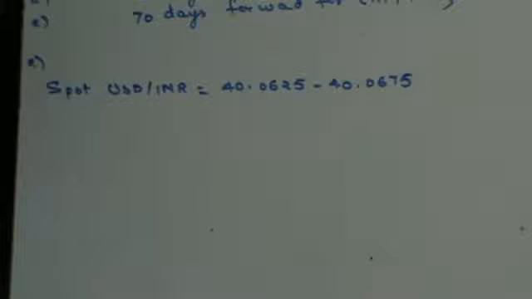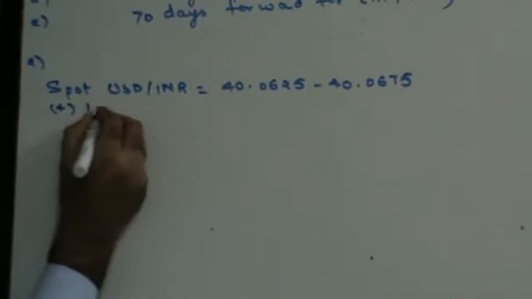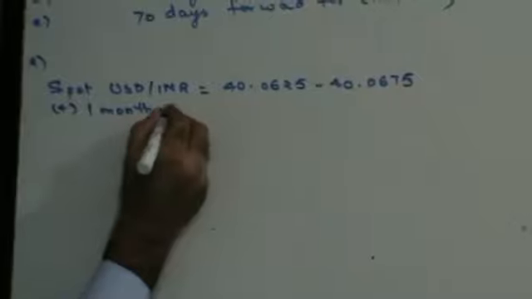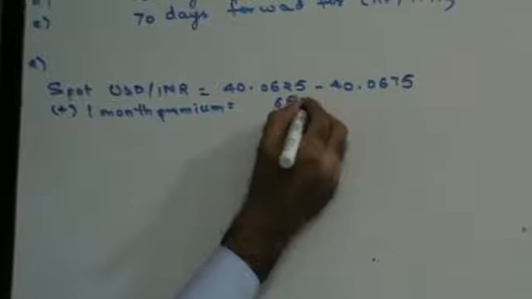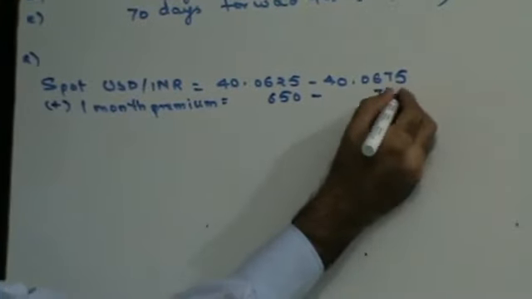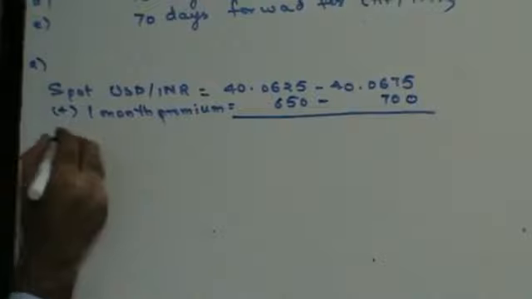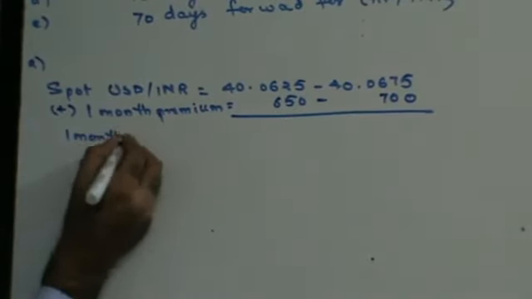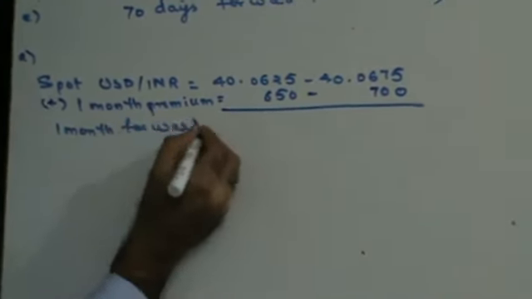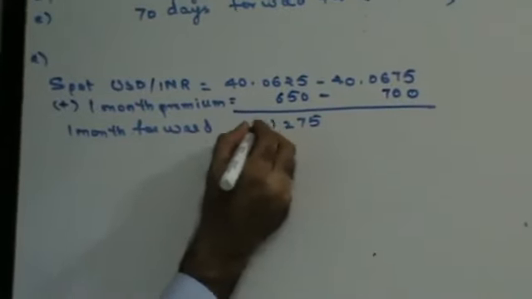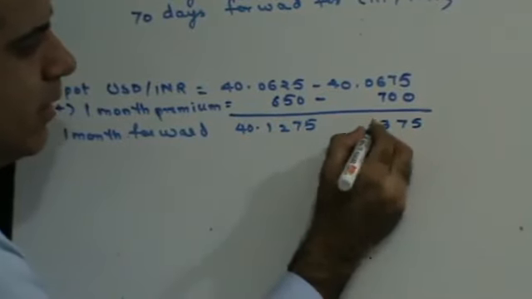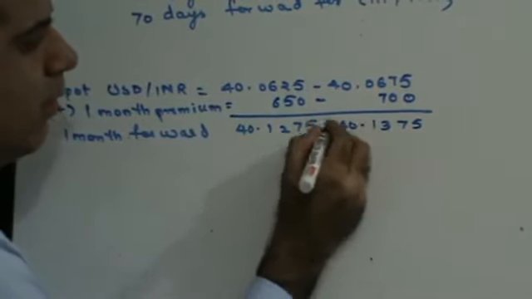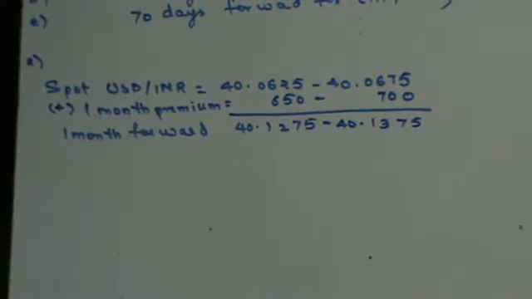So since it is premium, you add 1 month premium, 650 and 700. Therefore, 1 month forward will be 40.1275, 40.1375. That's how you get 1 month forward.